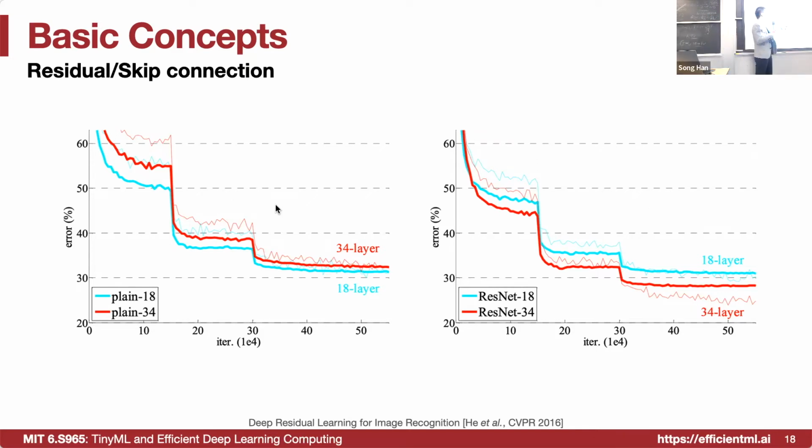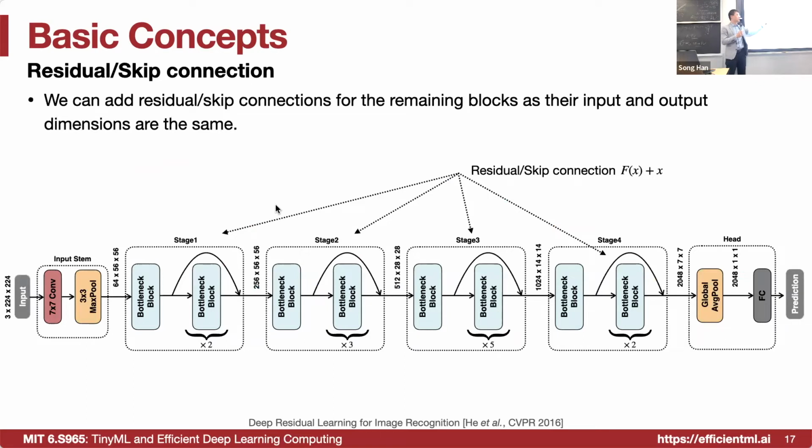However, if we naively just increase the number of layers, the error didn't decrease, but actually increased. Okay. But if we add such a bypass layer, actually the deeper the network, the lower the error rate, which is what we want. So this residual or skip connection really helps with this optimization.